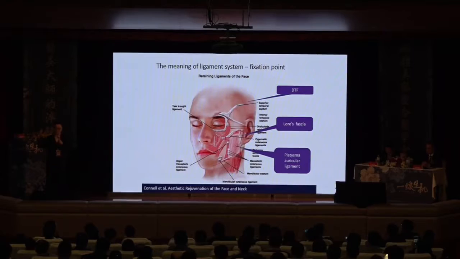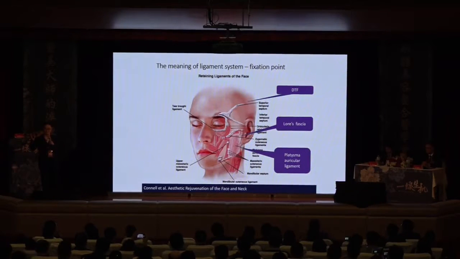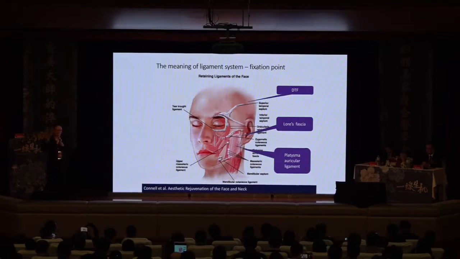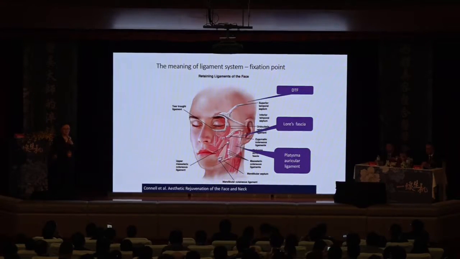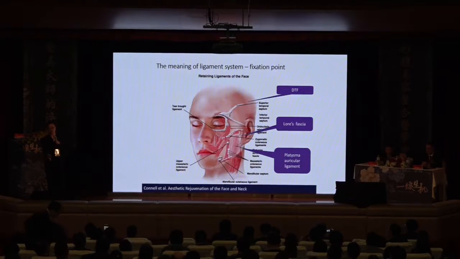Usually, I use the DTF for a strong fixation point, and the loose fascia as a strong hanging point from the DTF, and the platysma auricular ligament as a strong fixation point. Almost all of our doctors use these points as fixation points for the direction of lifting. Why? Because they are the strongest.